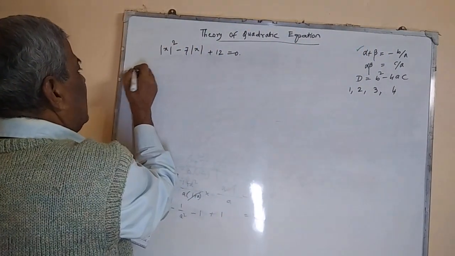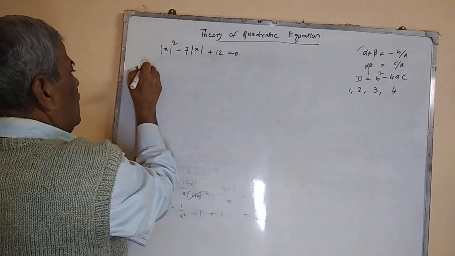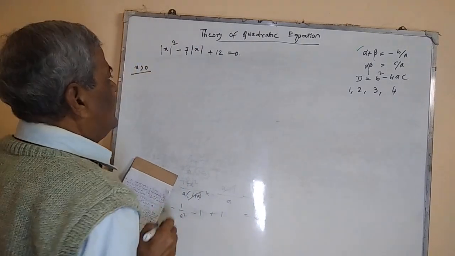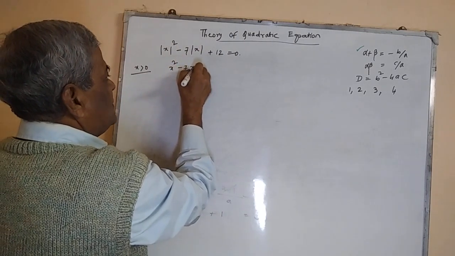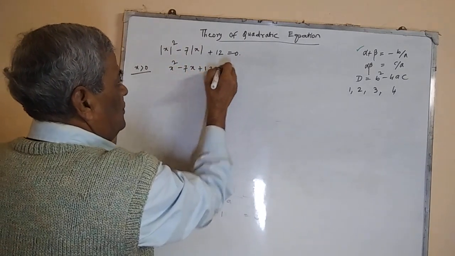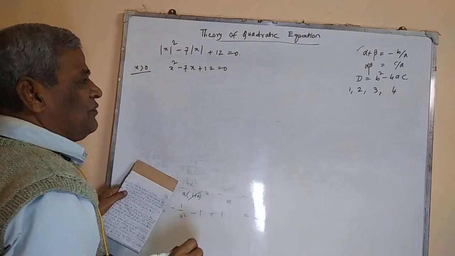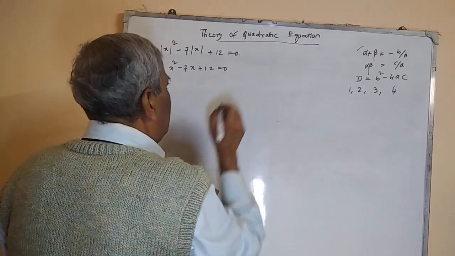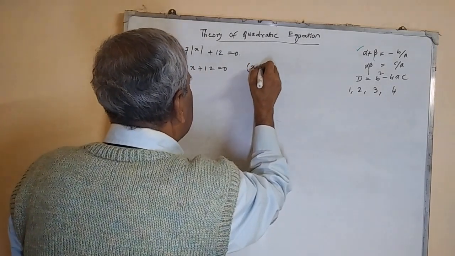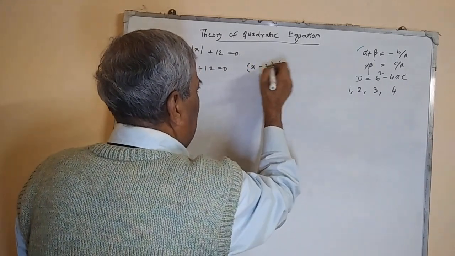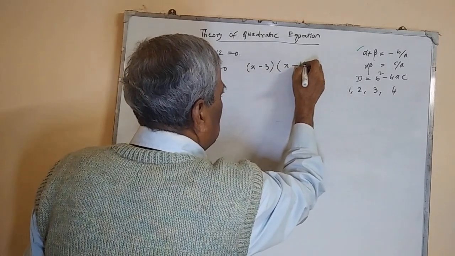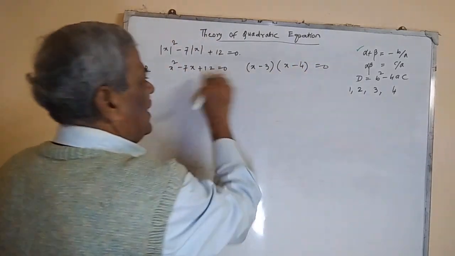First of all, suppose that x is positive. Case 1. Equation becomes x square minus 7x plus 12 is equal to 0. Very easily we can factorize it, mentally we can do that. x minus 3 into x minus 4 is equal to 0.